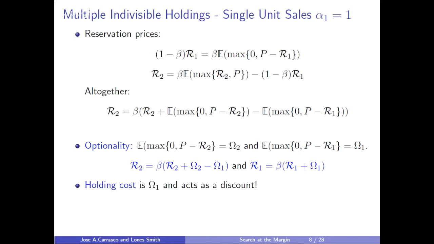When you have two units, since this is a sequential search problem, what you do is delay getting the surplus of the second house. You need to sell one house first in order to sell the second one. So when you're holding two houses instead of one, you delay the surplus that you can get of the first house.